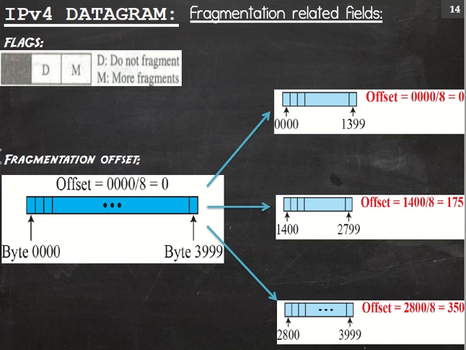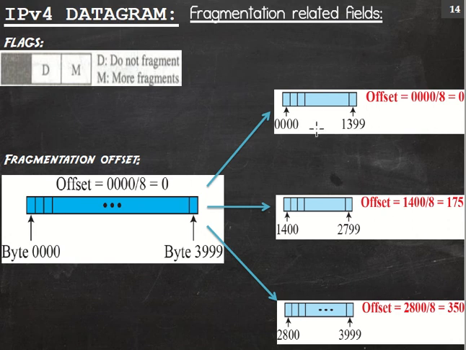You can see in this diagram, there is one datagram of size 4000 bytes, that is from 0000 to 3999. So this has been divided into three packets. We call this process fragmentation: first fragment, second, and the third.